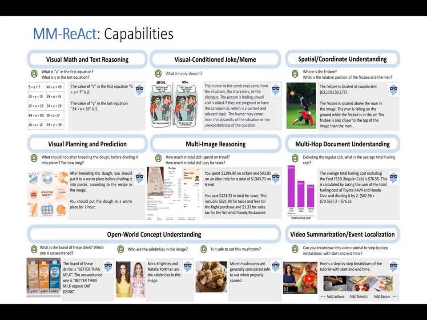For example, visual math and text reasoning to solve math equations in the input image, understanding visual jokes or memes, understanding spatial relationships between objects in the image or the bounding box coordinates, visual planning and prediction, reasoning over multiple image inputs, multi-hop document understanding, open-world concept understanding, for example, product brands, celebrities, and food, video summarization, or event localization.